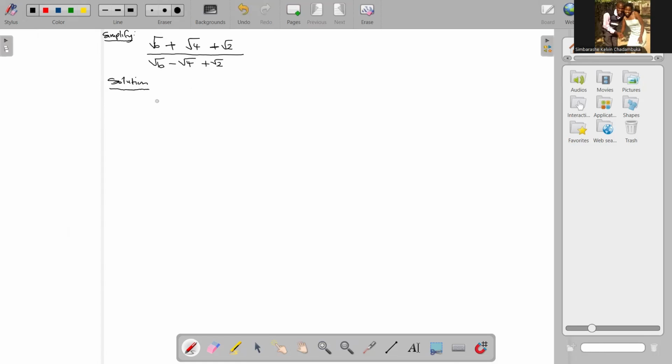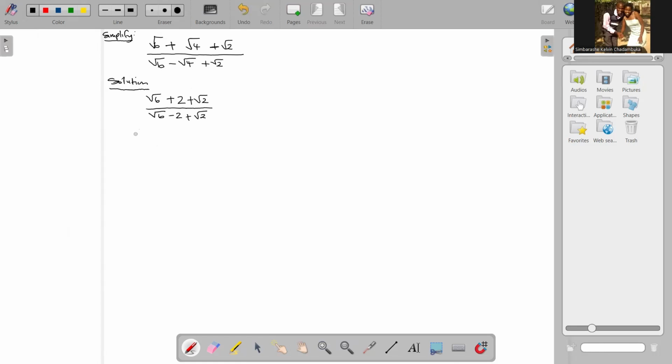So in this case, we are going to be left with root 6 plus root 4. We know root 4 is 2, so it's 2 plus root 2, all over root 6 minus root 4, which we know is 2 plus root 2.